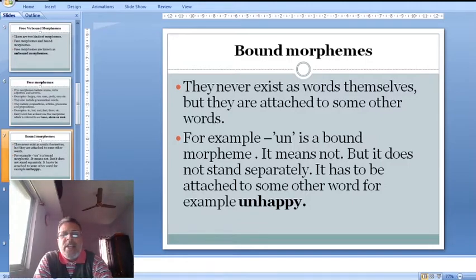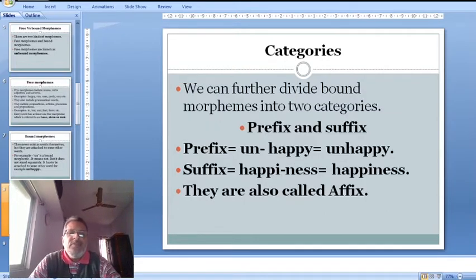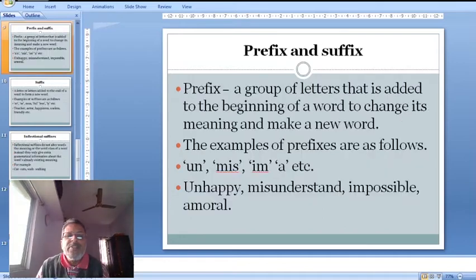It has to be attached to some other word, for example, unhappy. We can further divide bound morphemes into two categories, prefix and suffix. Prefix: un plus happy is equal to unhappy. Suffix: happy plus ness is equal to happiness. They are also called affixes.